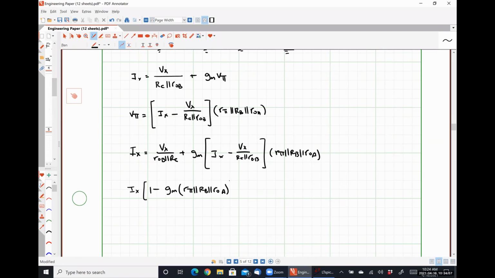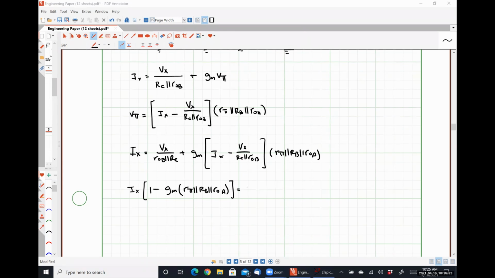is equal to Vx over RC in parallel with R naught B minus gm Vx multiplied by that parallel combination. Effectively what I'm getting at is I have a common denominator of RC in parallel with R naught B that I'm going to be working with.